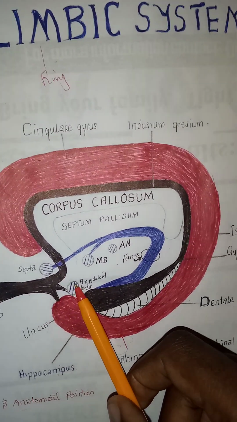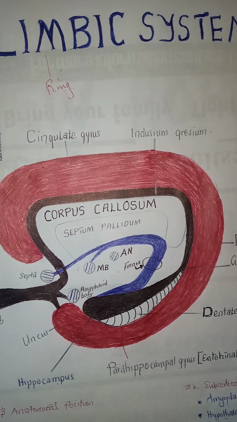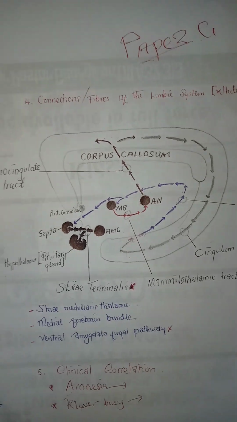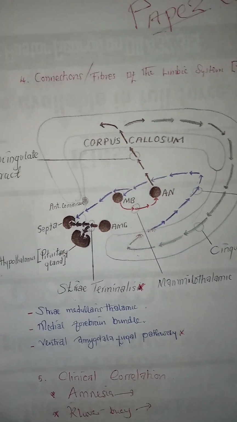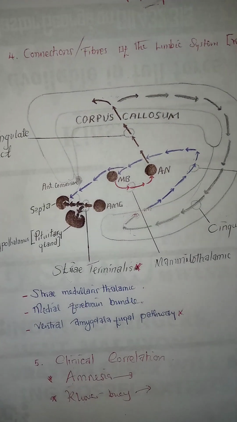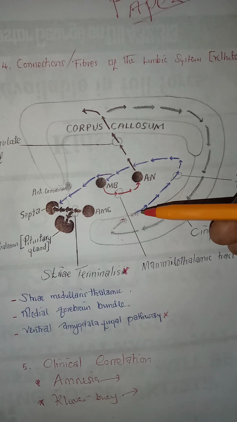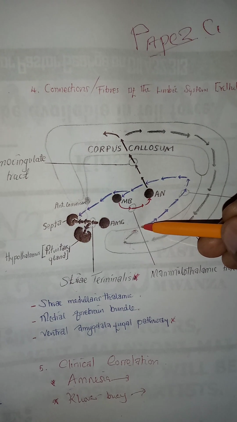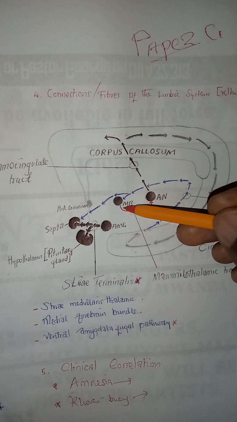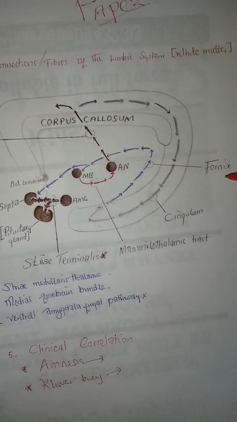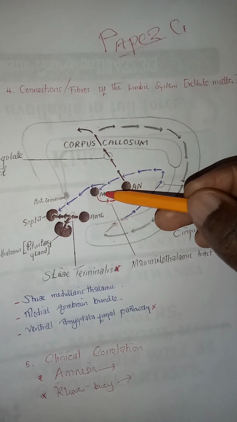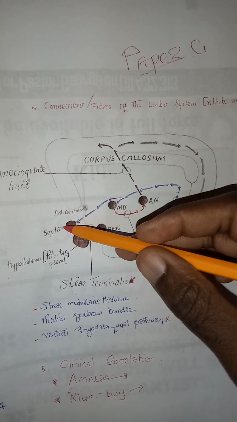Now let's talk about the connection of these fibers. Let's come over here. This is basically the same diagram, only that we have spotted out the fibers. Here we have our hippocampus. From the hippocampus to the mammillary body, the fibers are called the fornix. The fornix connects the hippocampus to the mammillary body as well as to the septal area.